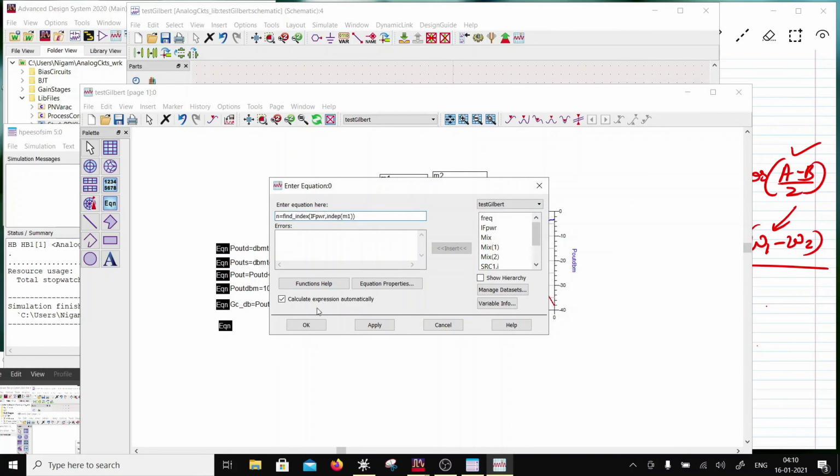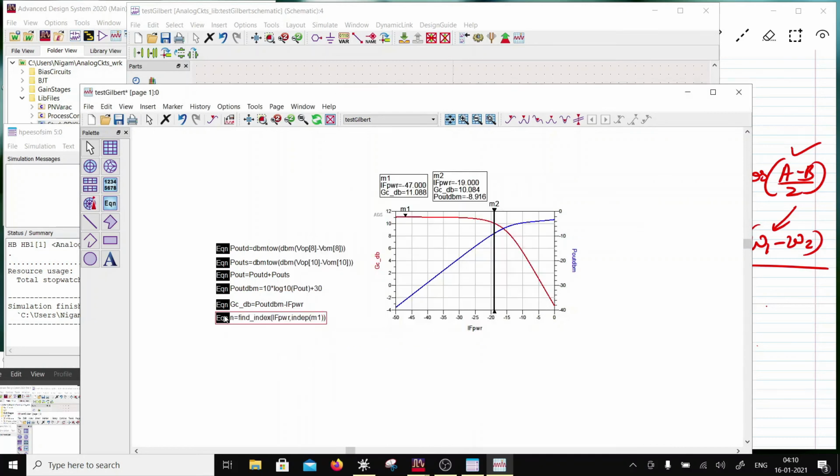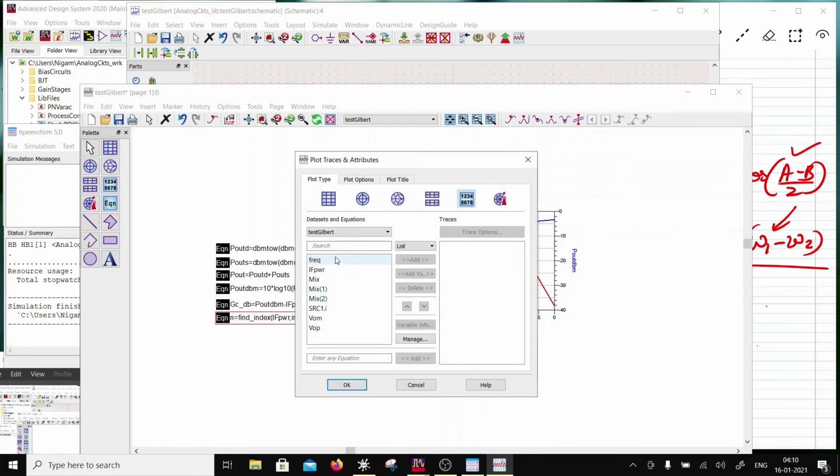Okay, so that's there, and I can display the index. So I'm looking at where your M1 is, so I'm going to look at the index.